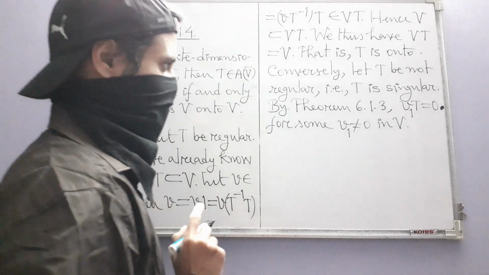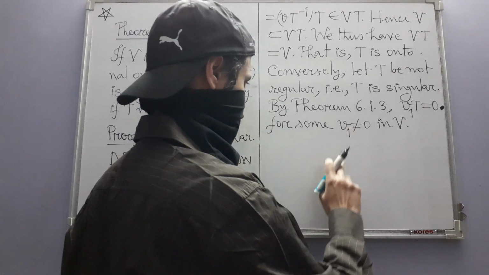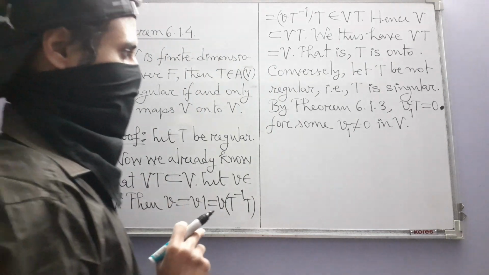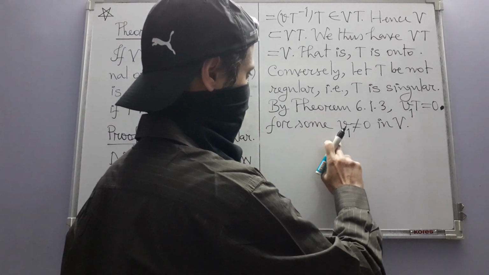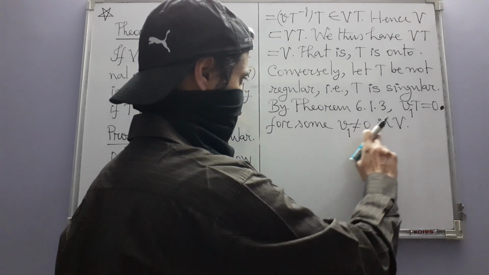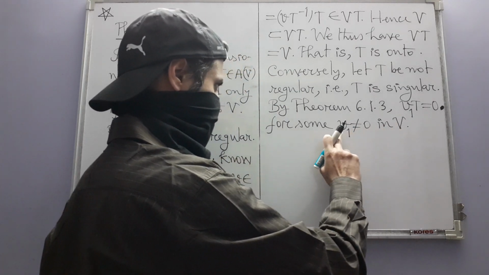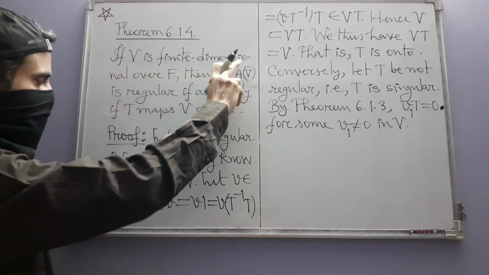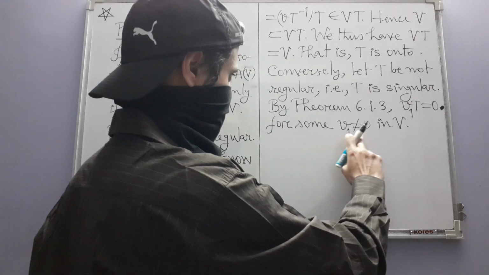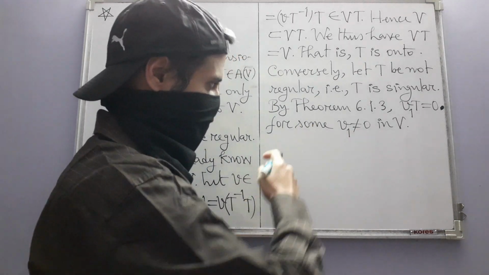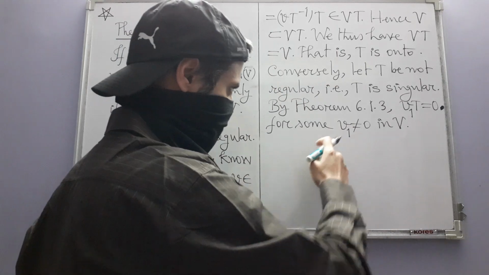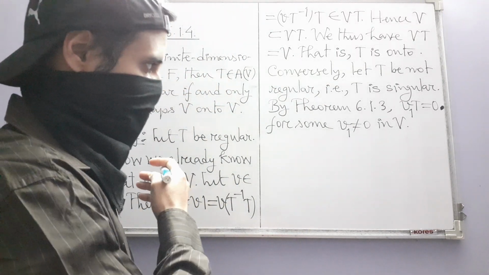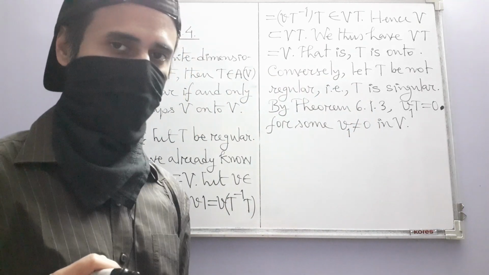So you now recall one result from the fourth chapter, on vector spaces, where we have already seen that if you have a finite dimensional vector space, of course, that's what we have here, and a non-zero vector, then you can extend this non-zero vector by including possibly some other non-zero vectors to a basis of the entire space.